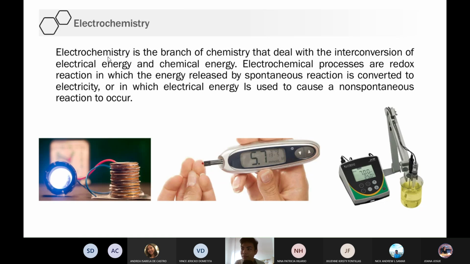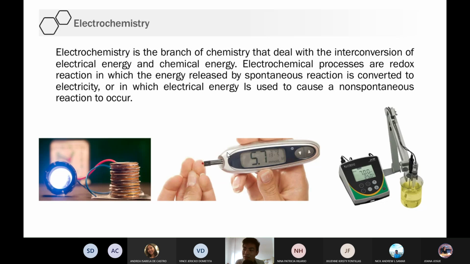So with electrochemistry, natututo tayo to determine our glucose levels. Yung glucose levels kapag may diabetes. Ang ginagawa diyan, yung blood mo, it is placed on the sample container up here.